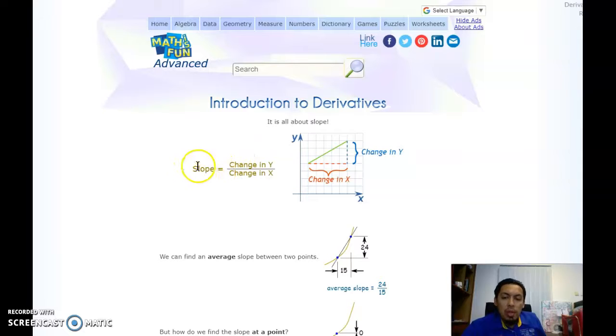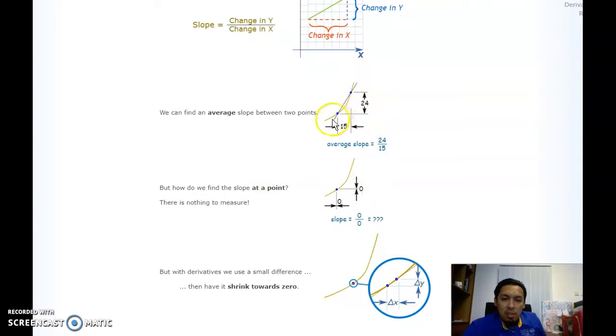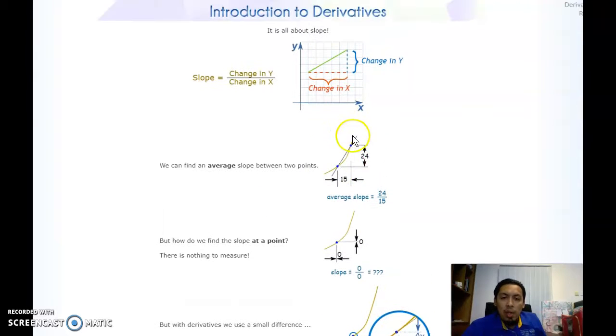For example, we have this part of the graph and we want to look at the slope. If it is a straight line, it is simple. You just find the change in y divided by the change in x, and you get the slope, the gradient.